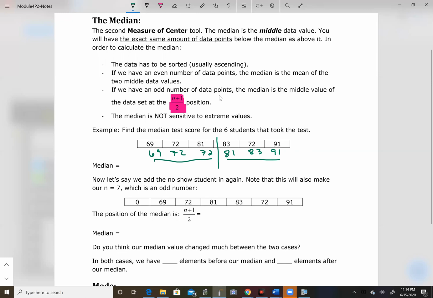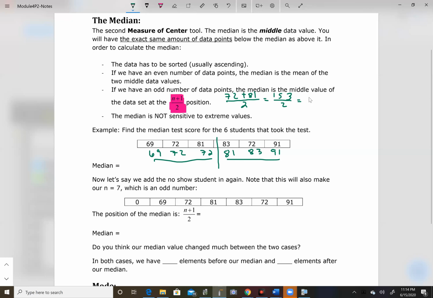So my two numbers are 72 plus 81, divided by 2. Let's do this in my head: 72 plus 81 is 153. Tell me if I make a mistake. Half of 150 is 75, and half of 3 is 1.5.